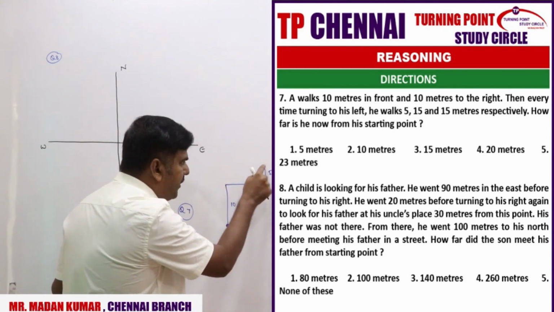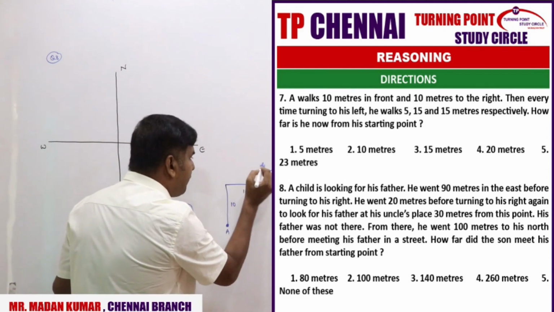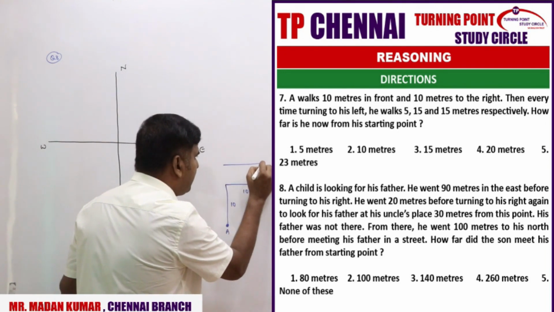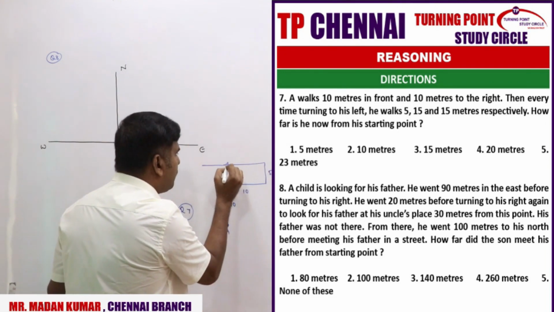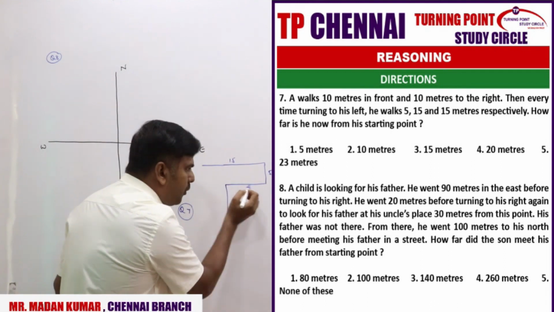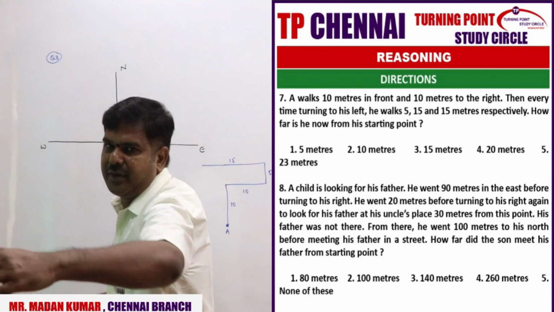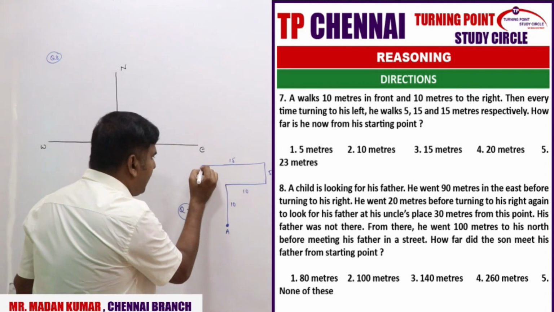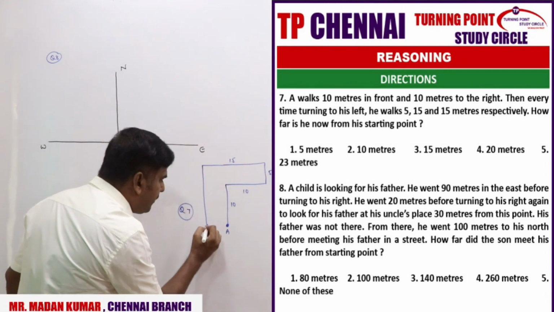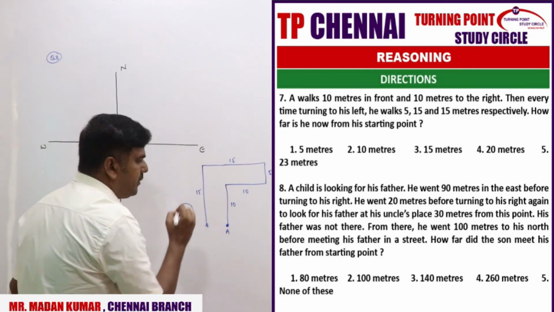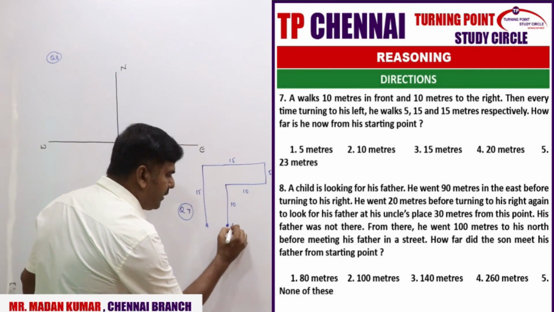I'm just taking half of that approximately. 5 and 15. So up to this one 10 and another 5, so 15. This is again left. So turning left, again left, and he's moving again left, right? So he's coming down, again left. How much? Again 15. So 15. That's it. This is the starting point.